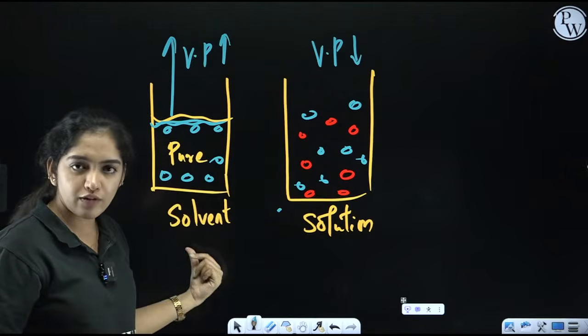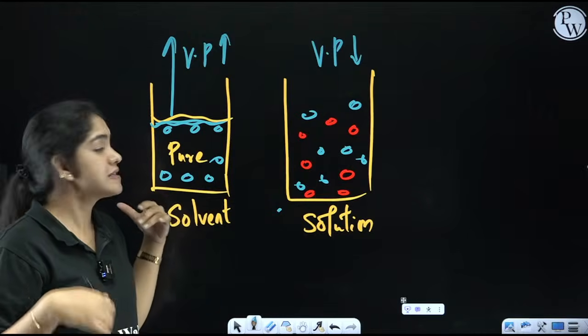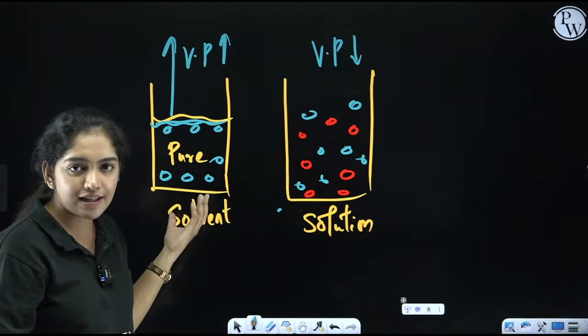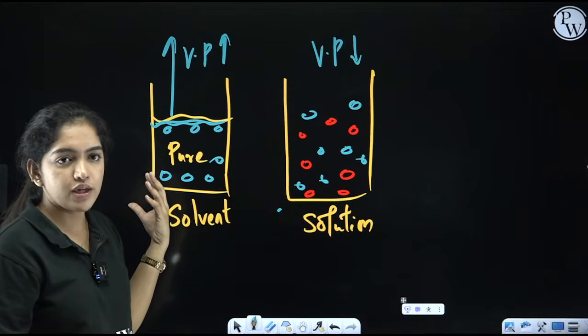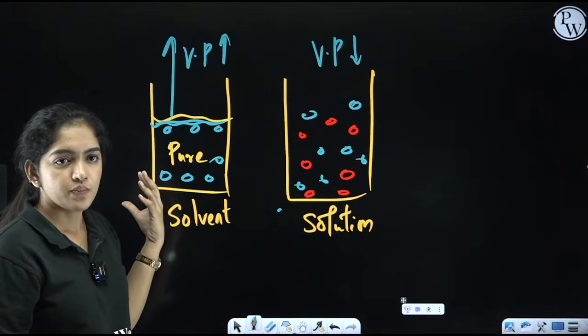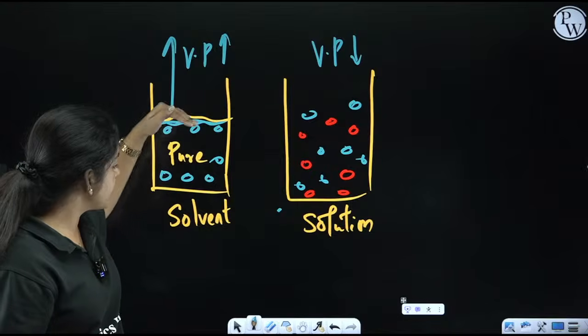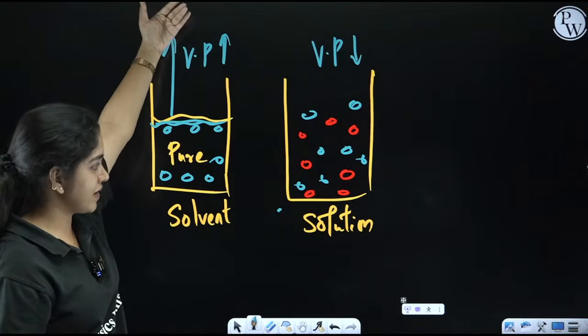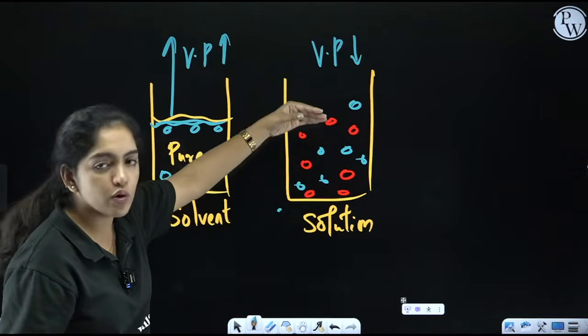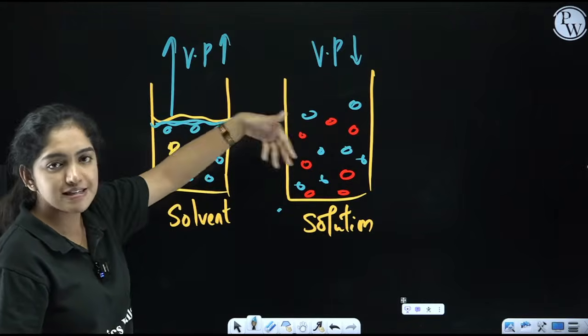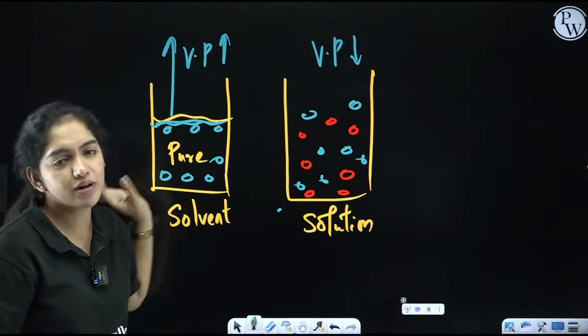In pure solvent, there is no solute to hinder the vaporization, so the solvent molecules easily vaporize and the vapor pressure will be very high. But in the case of solution, both molecules are there, so it won't be easy to vaporize, and the vapor pressure starts to decrease.